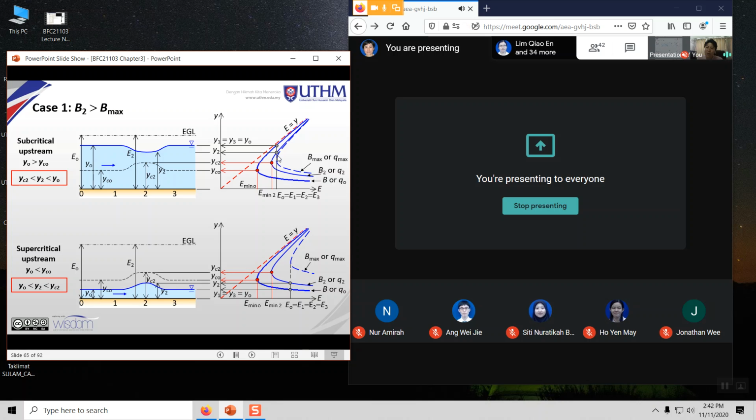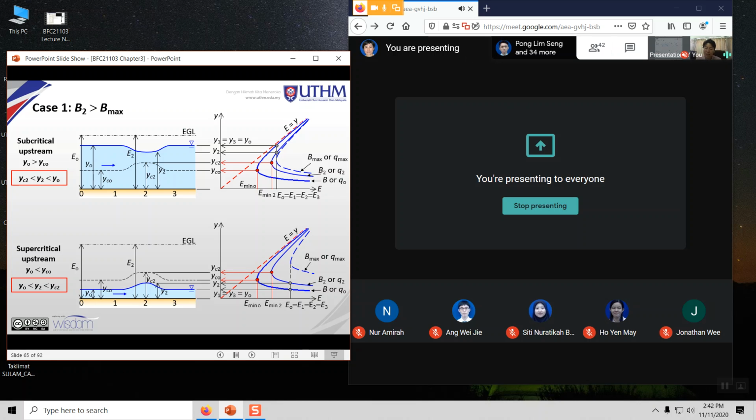So how are you going to find your Y2? Since your B2 is reduced, but it is still greater than Bmax, you can find your Y2 based on your Q, where your Q is your discharge divided by your B2.